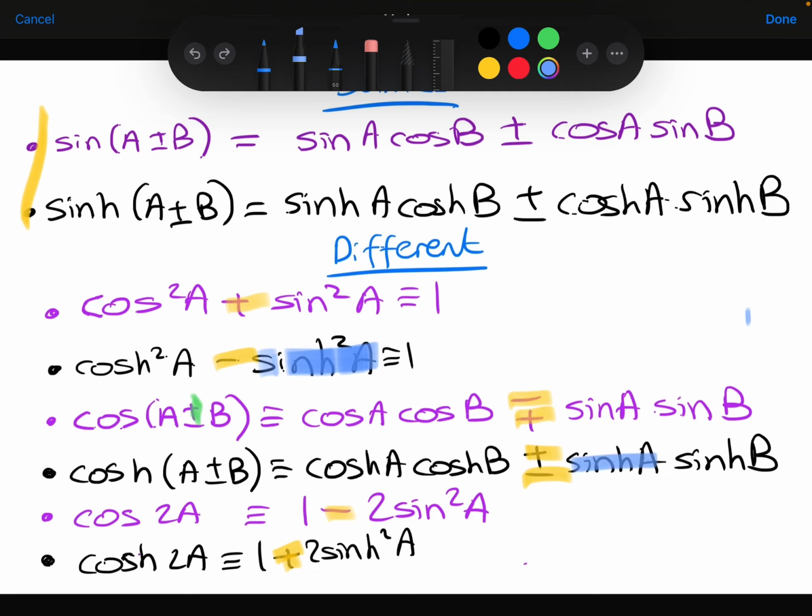Here I have a sinh A times a sinh B. I have 2 sinh being multiplied together. And then down here I've got sinh squared A. I have 2 sinh being multiplied together. Whereas in the first case, where the signs were the same, I had a sinh times a cosh and a cosh times a sinh. I didn't have any sinh being multiplied together.